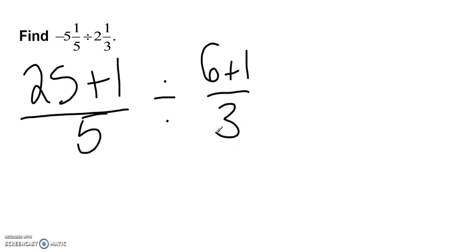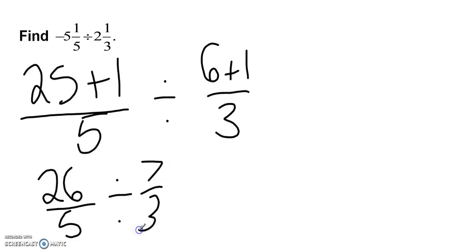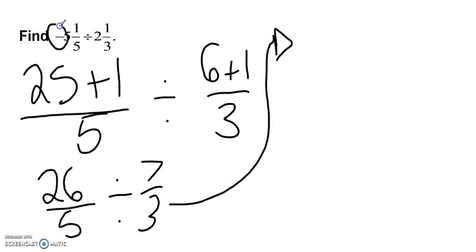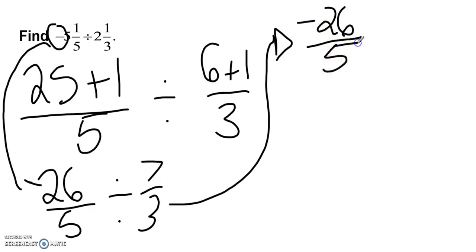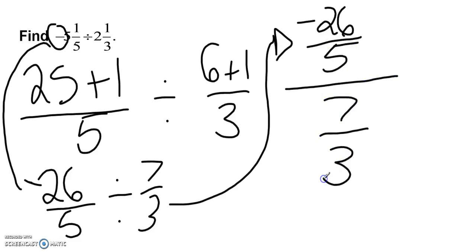Okay, so this is 26 over 5 divided by 7 over 3. I'm going to rewrite that up here, but I also can't forget to bring down this negative, because that goes with this fraction. Okay, so negative 26 over 5, and then divided by 7 over 3.